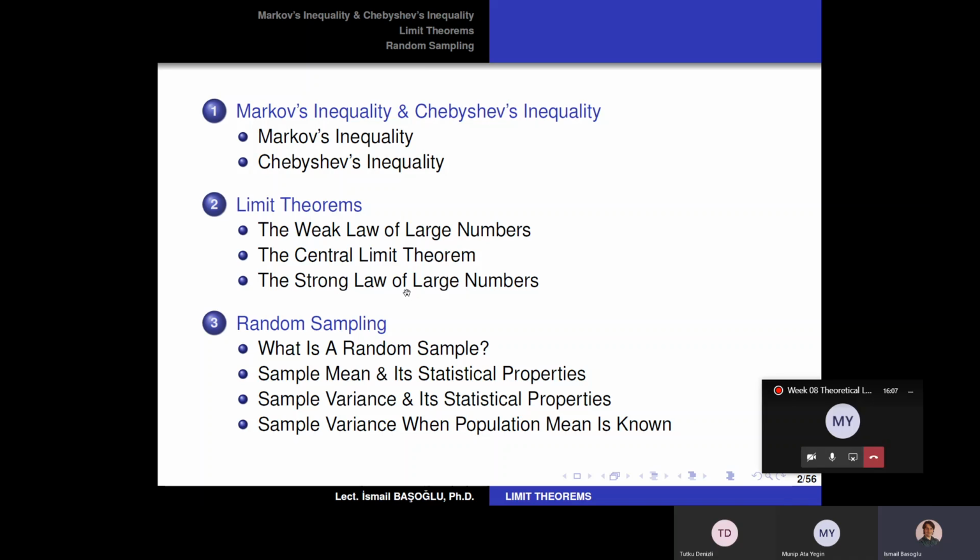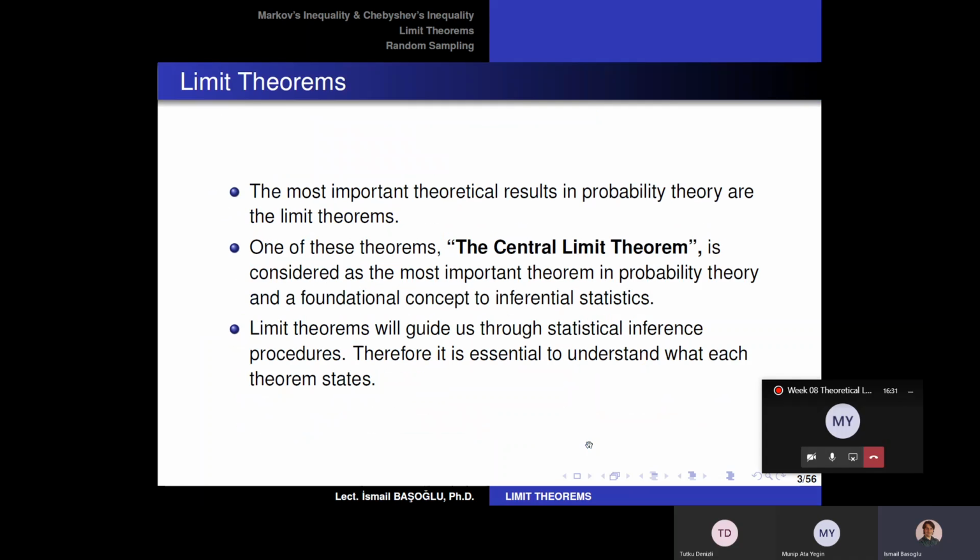And we are going to solve a few questions where we understand the application of the central limit theorem. And if we have time remaining, maybe we can talk about the random sampling procedures. We will explain what is a random sample, and we will talk about the sample mean, variance, and these kind of concepts which are going to be helpful for us in our future statistics courses.